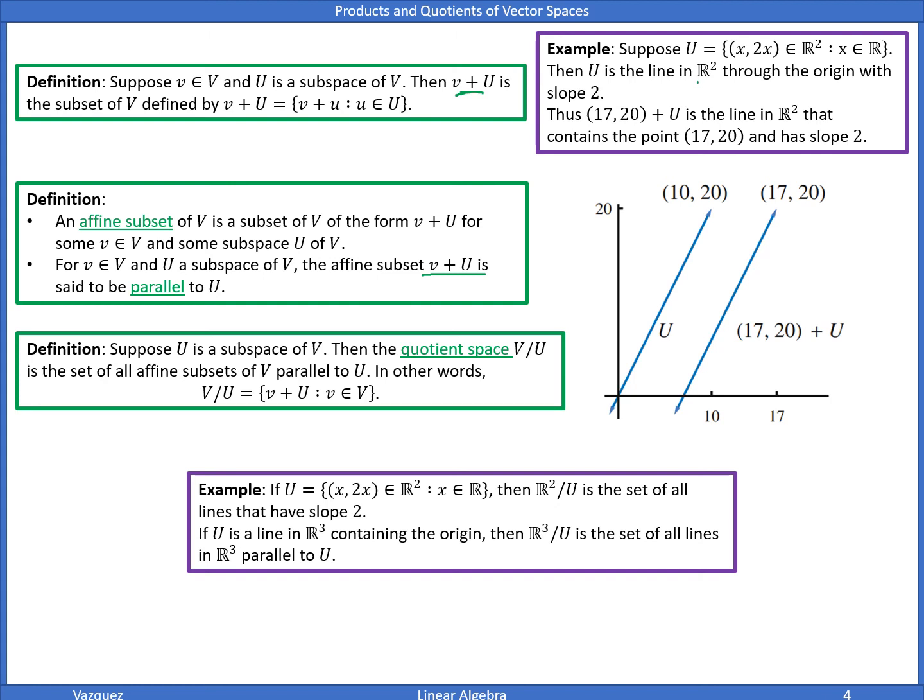Luckily we can imagine what R3 looks like, just three-dimensional, and that'll make up the whole quotient space. So those are two examples of quotient spaces.